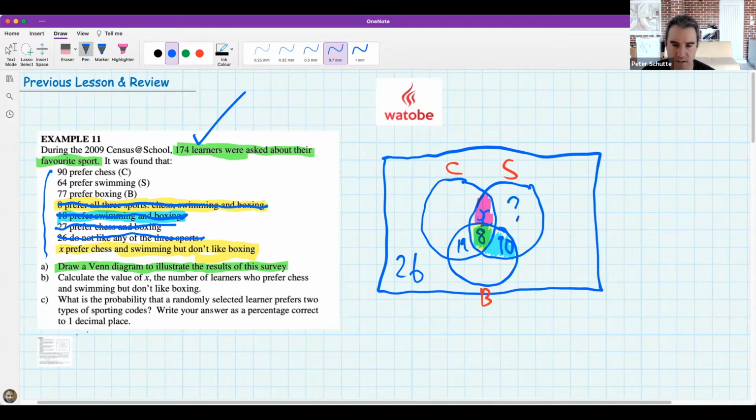Now I want to know what is in the swimming. I'll give you a hint. What is this part over here going to be? So we've got swimming. We know 64% prefer swimming. Can you figure out what this region is going to be?